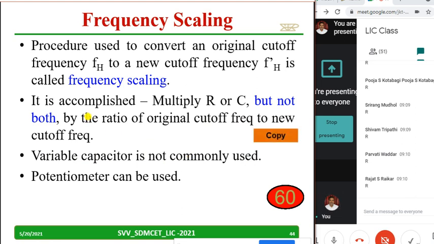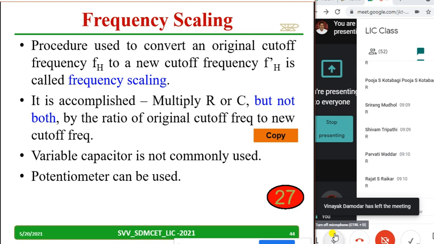Now, take a minute, copy down at least one line, the meaning of frequency scaling. The procedure used to convert an original cutoff frequency fH to a new cutoff frequency f-h is called frequency scaling.